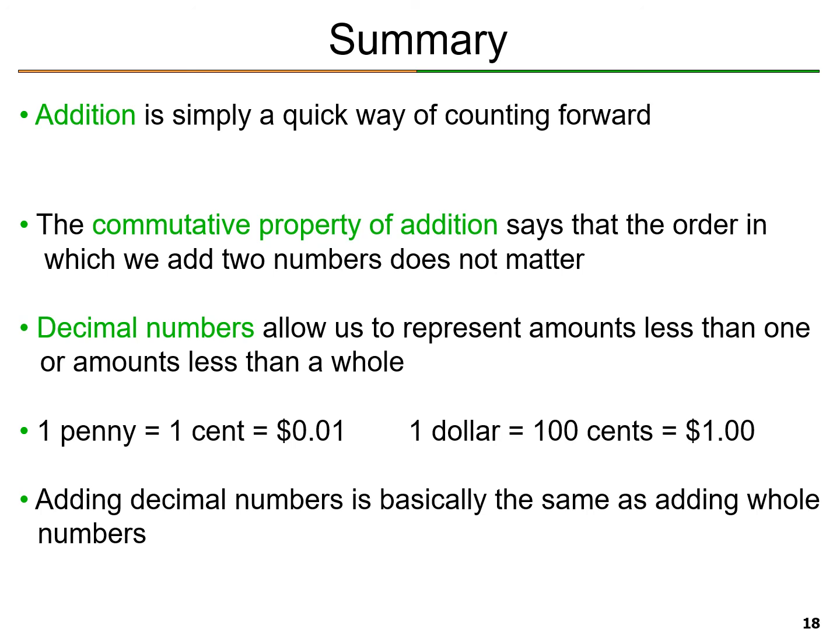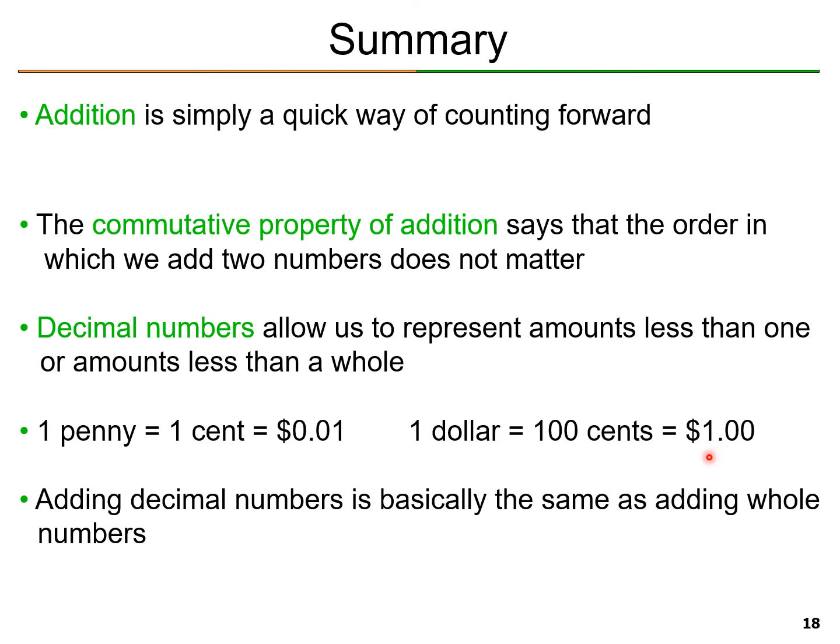Decimal numbers allow us to represent amounts less than 1 or amounts less than a whole. 1 penny is equal to 1 cent, which is equal to 1/100th of a dollar. $1 is 100 cents. This is the way we write 100 cents: 1.00, which is 1/100th.